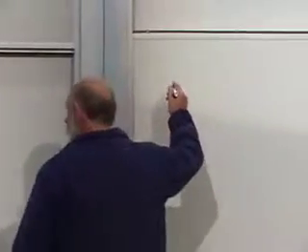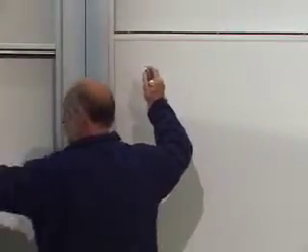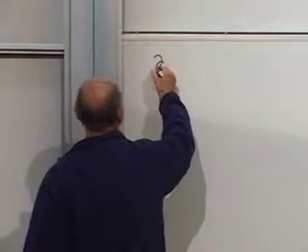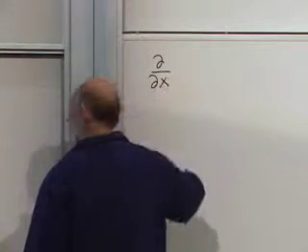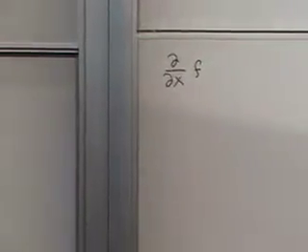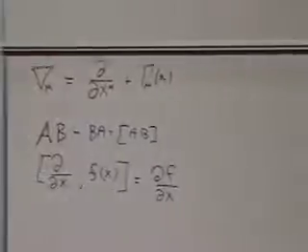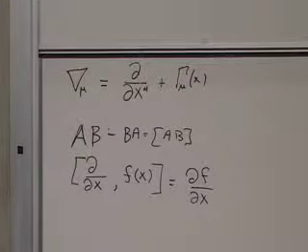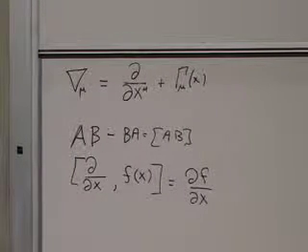Let's see what the meaning of this is. First of all, the first term is d by dx, f of x. That's one term here. And the other term is minus f of x d by dx.